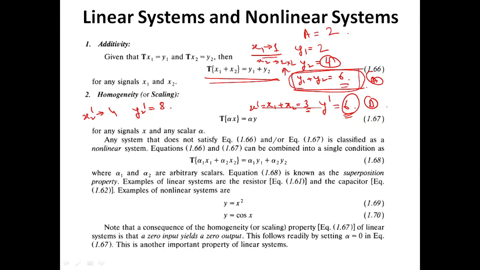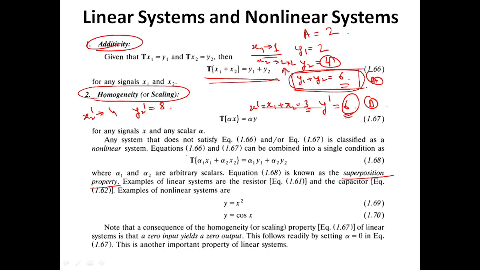Okay. So by adding these two, additivity and the homogeneity or the scaling property, if we combine these two, we get a condition which is regarded as the superposition property.